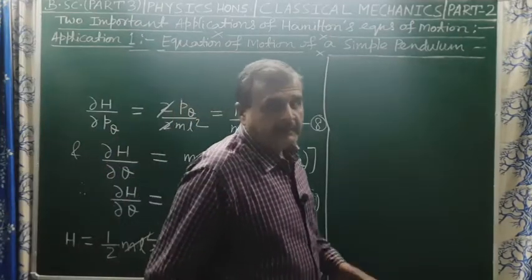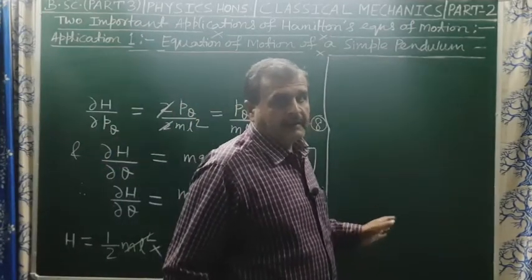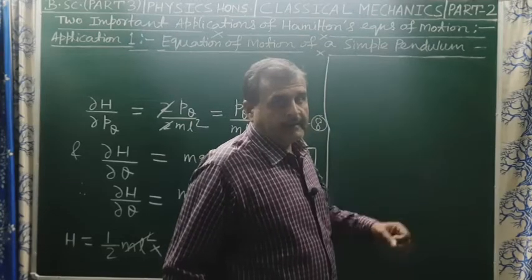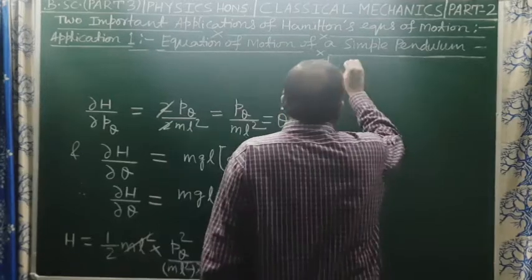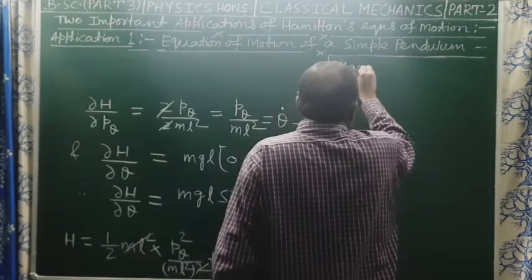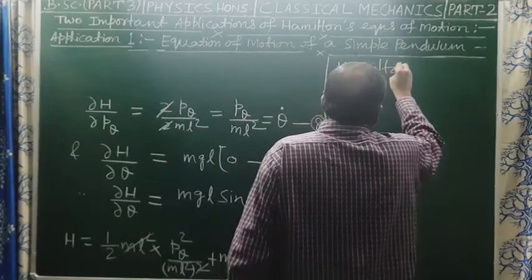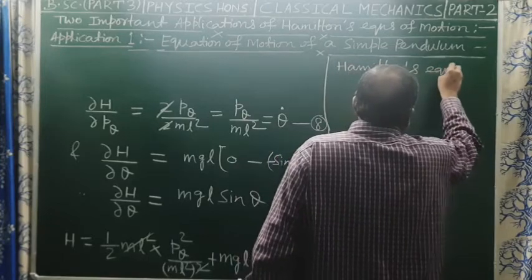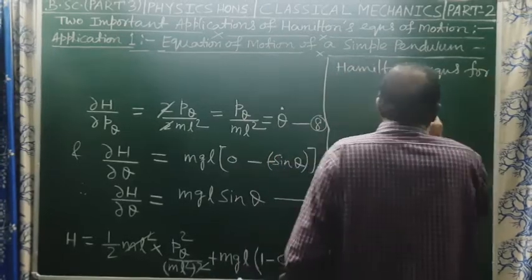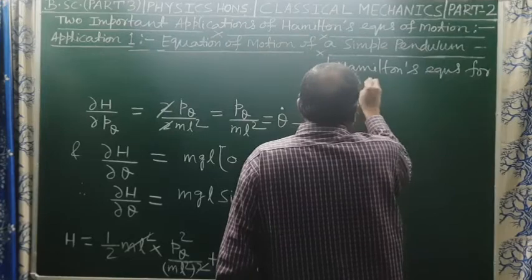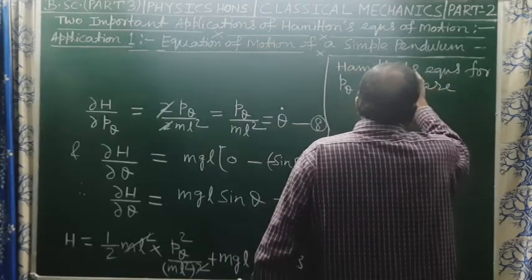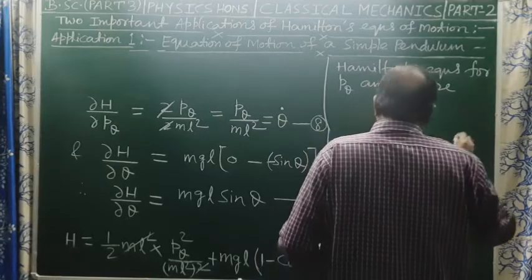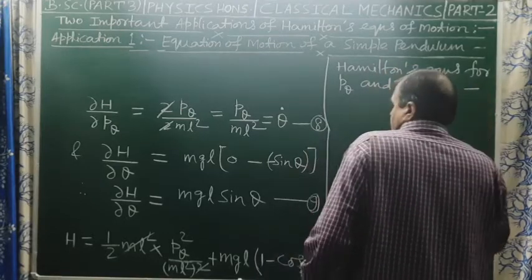Hamilton's equations for P theta and theta dot are given by using Hamilton's canonical equation of motion.